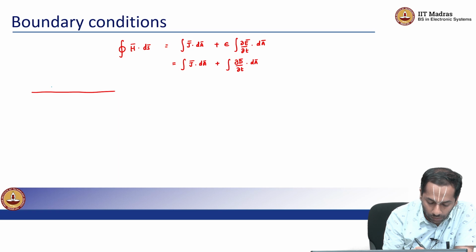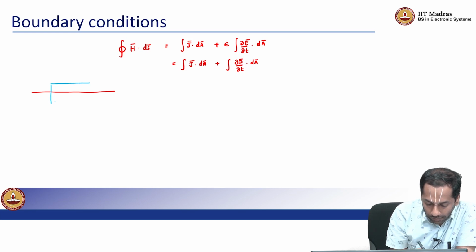We are going to take a closed contour, right, and there can be volume currents and surface currents.